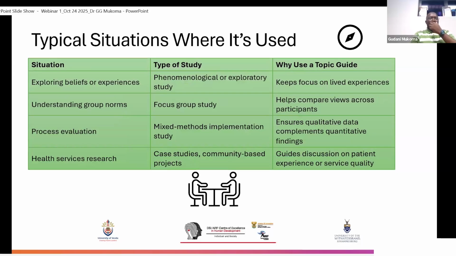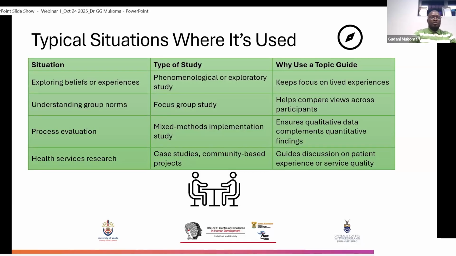Right. So there are also typical situations where this topic guide is used, and this will help you understand exactly when you need to develop your own topic guide. These situations would include when you are trying to explore certain beliefs or experiences of individuals, when you're trying to understand group norms, or how different processes are working, so process evaluation.